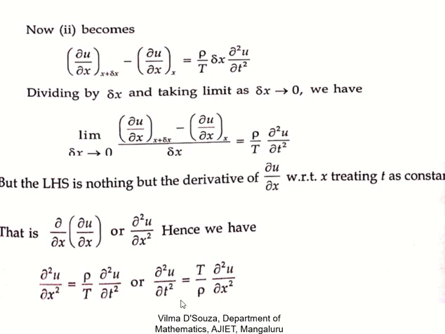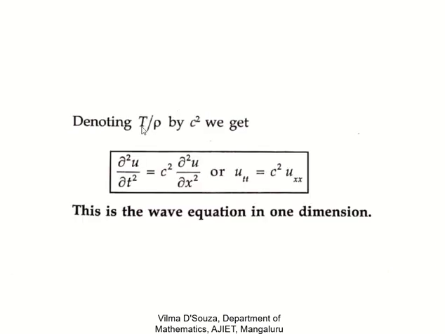Okay. Now what you can do is, this T by rho is a constant. You can denote it as another constant, say c squared. If you denote T by rho as c squared, what do you get? ∂²u/∂t² is equal to c squared ∂²u/∂x², or this ∂²u/∂t² can also be written as u_tt, and this is u_xx. So u_tt is equal to c squared u_xx.